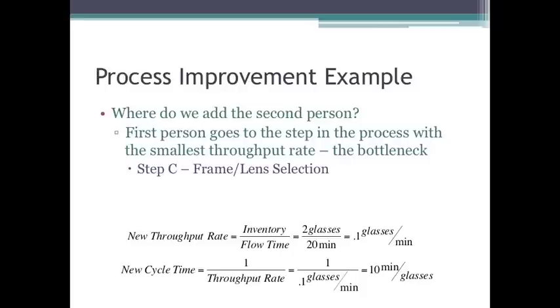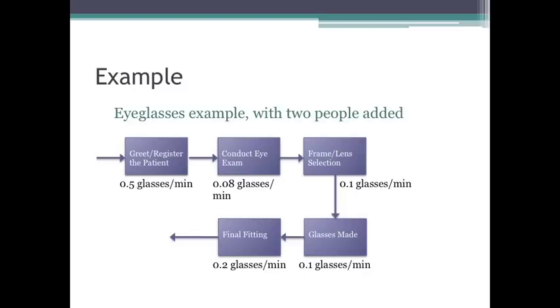So let's see what this does to our process as a whole. Well, now the conduct eye exam step is the bottleneck again. However, you'll note that while it is still the bottleneck, our throughput rate is much greater. And you'll note that the process as a whole is much more balanced.